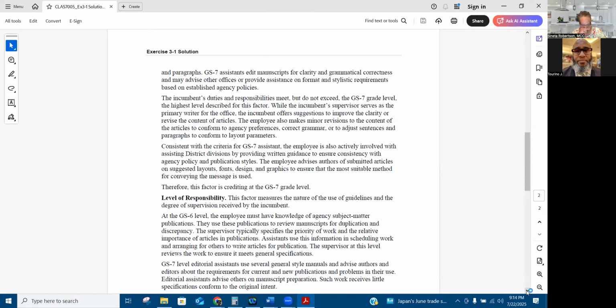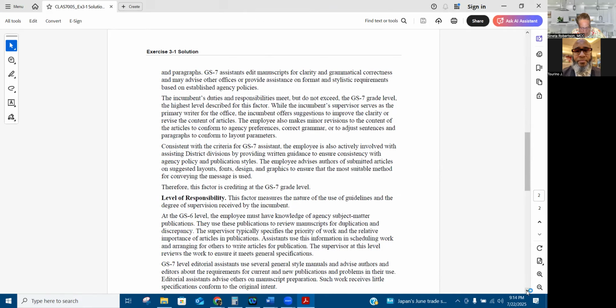Consistent with the criteria for GS7 assistant. The employee is also actively involved with assisting district divisions by providing written guidance to ensure consistency with agency policy and publication styles.